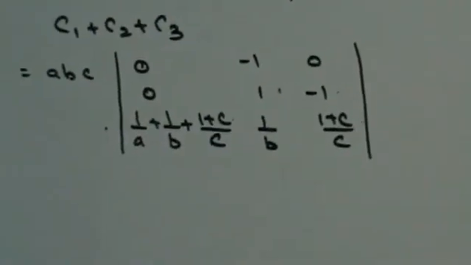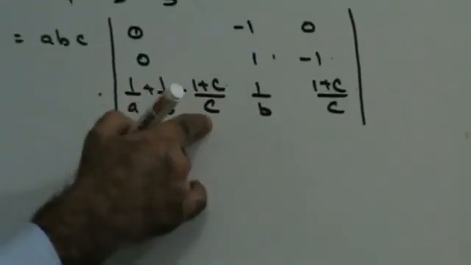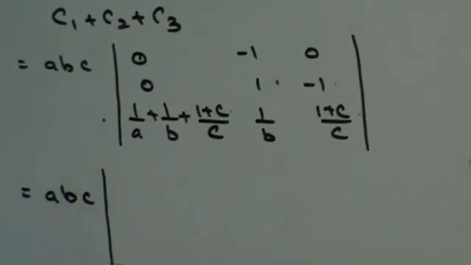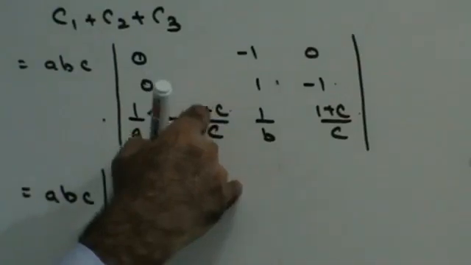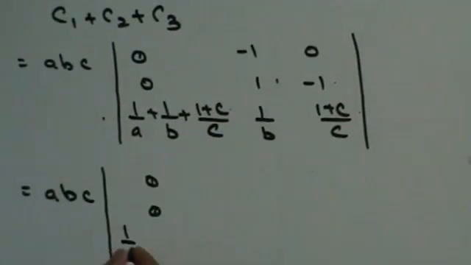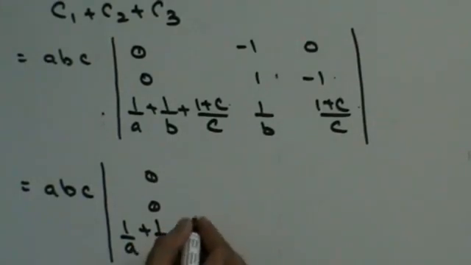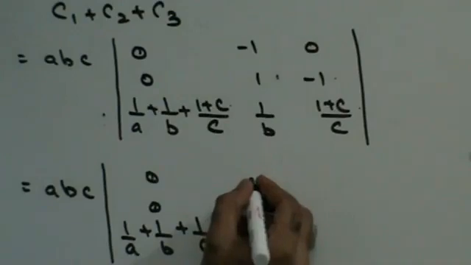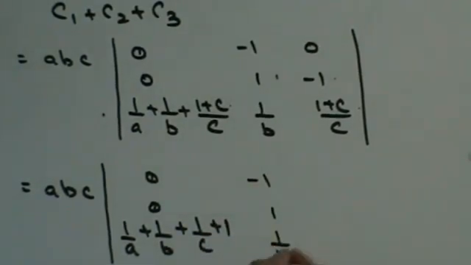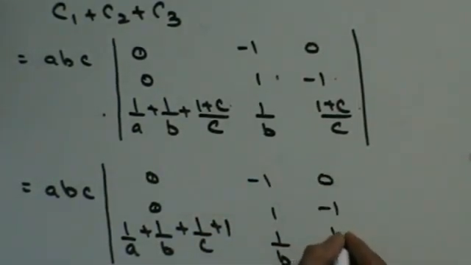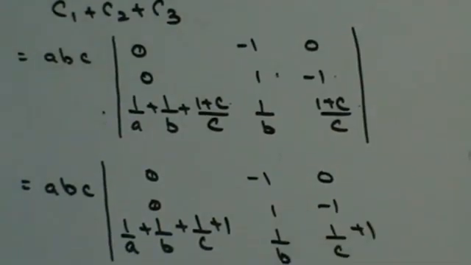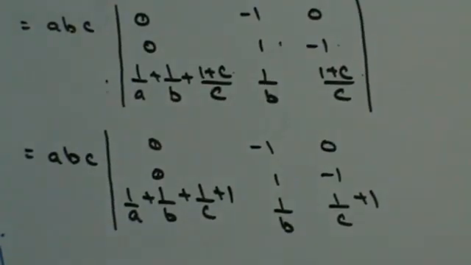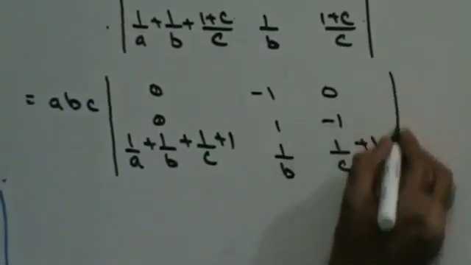Now, once I have this, I can say that this can be written as abc, 0, 0, splitting the numerator here, in which case I'll get 1 upon a plus 1 upon b plus 1 upon c plus 1. Minus 1, 1, 1 upon b, 0, minus 1, I'm splitting the numerator, 1 upon c plus 1, because it will be 1 upon c plus c upon c. C upon c can be written as 1, right?